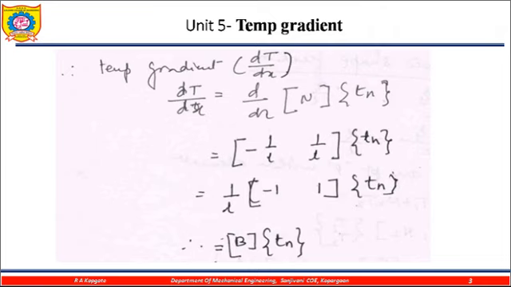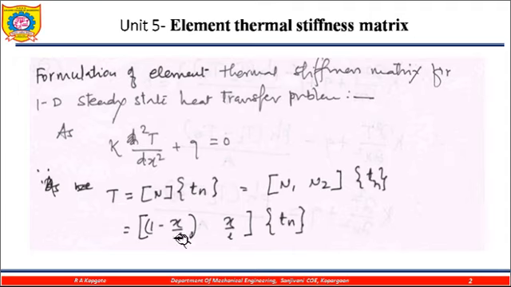Hence the temperature gradient dT upon dx. So T is equal to the matrix of 1 minus x upon L and x upon L, into T1 T2.